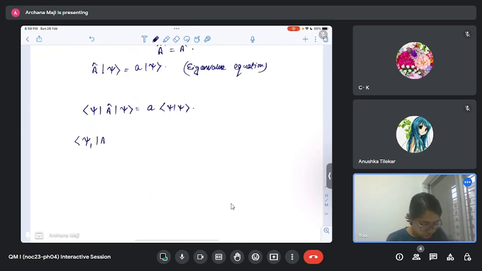This I told earlier. So this is the same as A cap dagger psi 1, psi 2. Now if A is Hermitian, then this is A cap psi 1, psi 2.